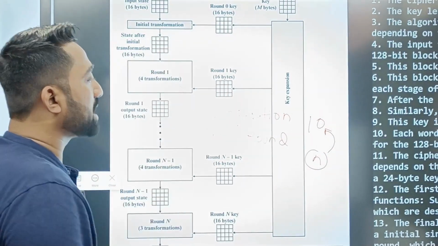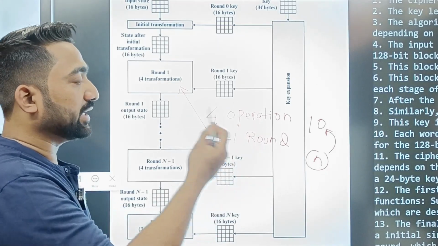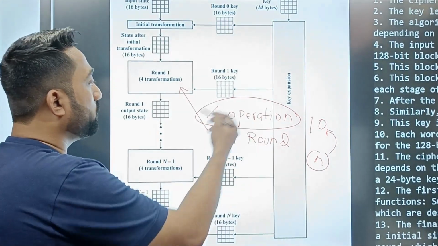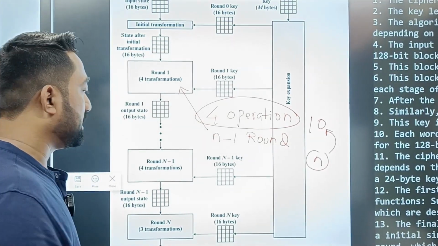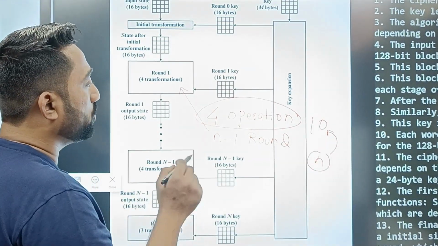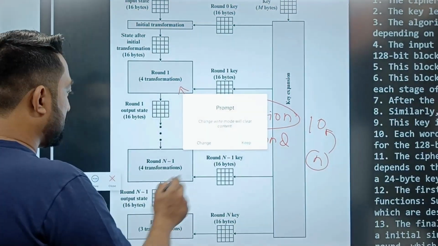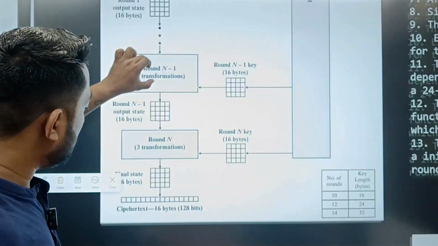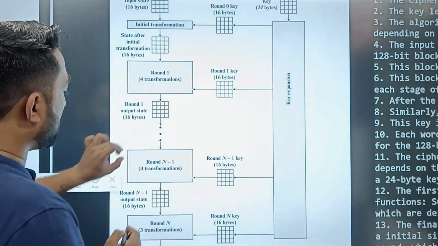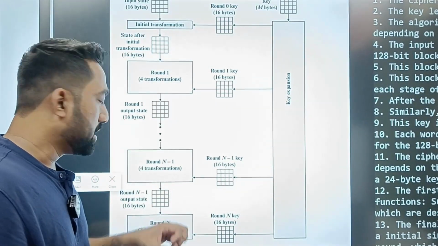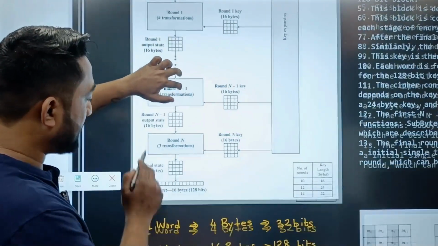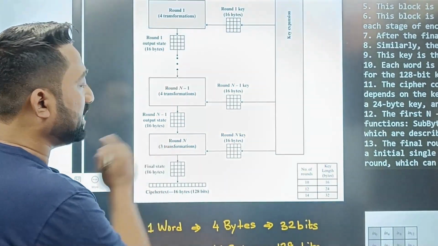For the first 9 rounds, that is n-1, we will be having 4 transformations in each round. But for the 10th round, that is the final round, we will be having only 3 operations. So if I scroll over here, you will be able to see that for the first n-1 rounds, there will be 4 transformations in each round. But for the last round, that is the 10th round, we will be having only 3 transformations.